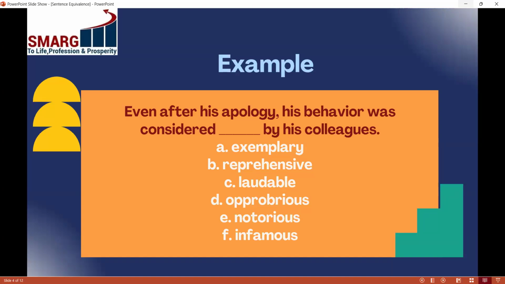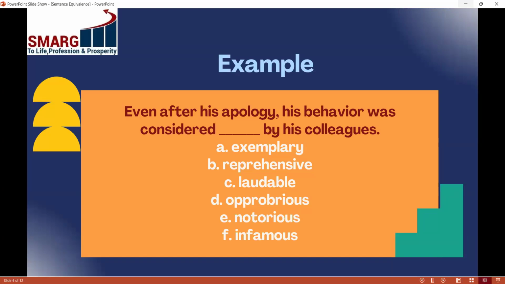So, infamous or notorious. Even after his apology, his behavior was considered infamous by his colleagues, or it was considered notorious by his colleagues.